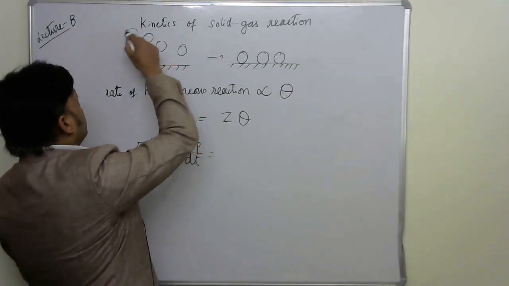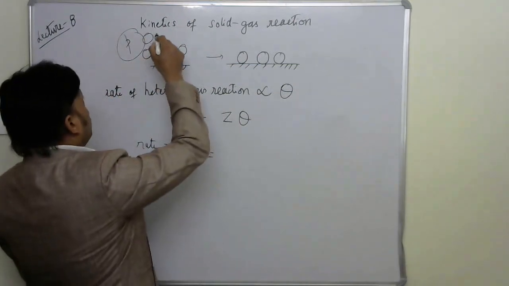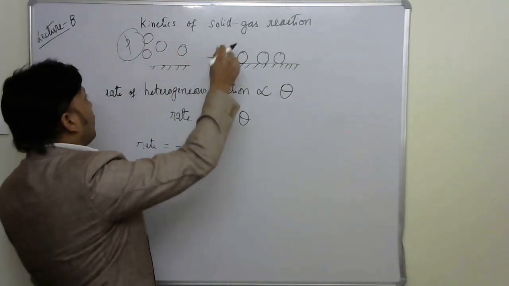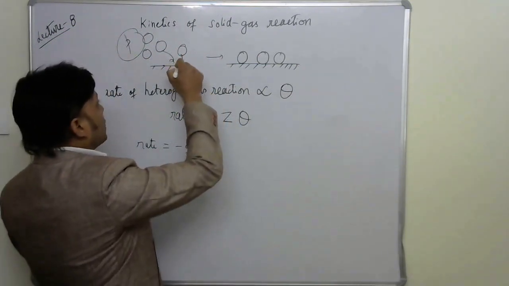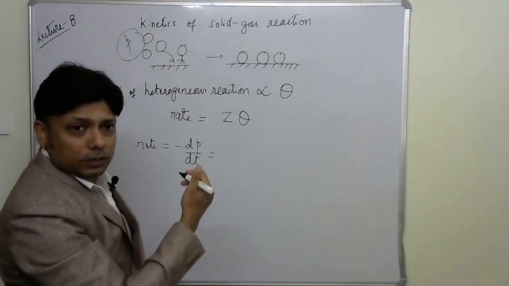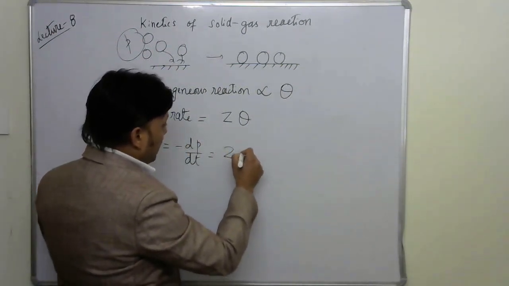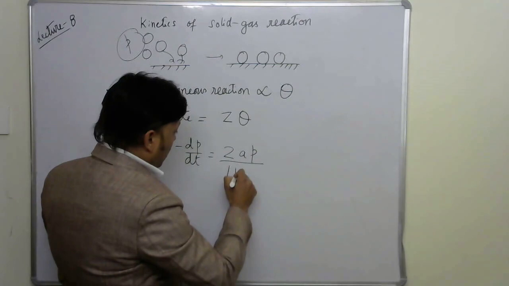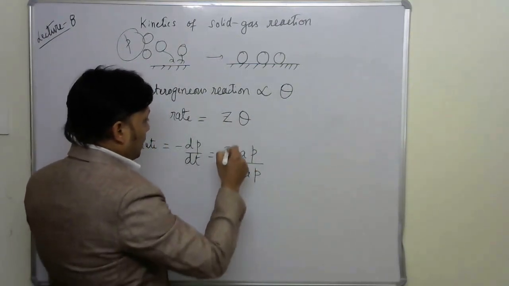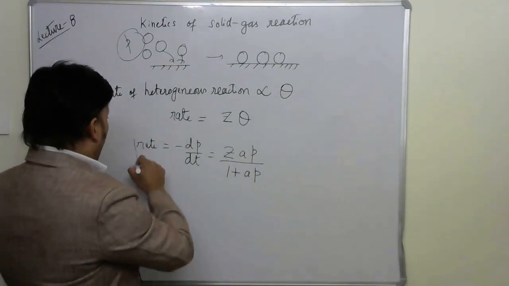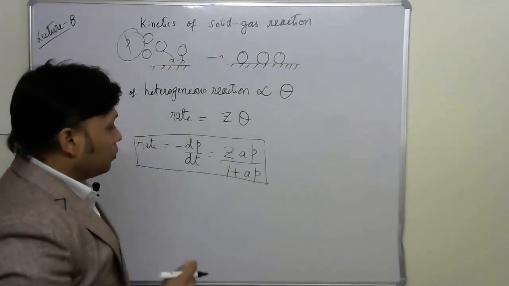Because when you measure the pressure of the available gas molecules in the surroundings, it decreases: once the gas molecules start to get adsorbed, the pressure falls. So minus dP/dt is equal to ZAP divided by 1 plus AP. This is our generalized rate equation for heterogeneous reaction.